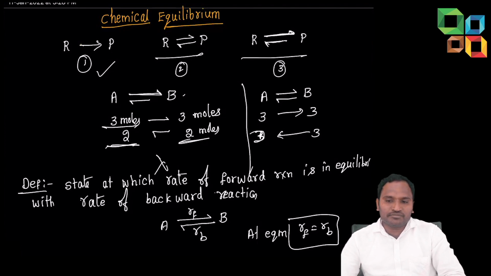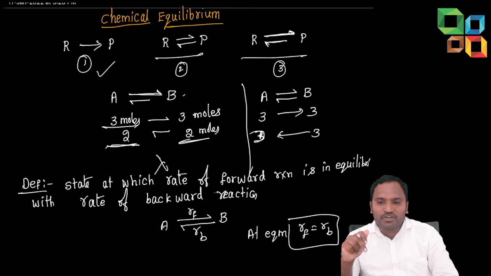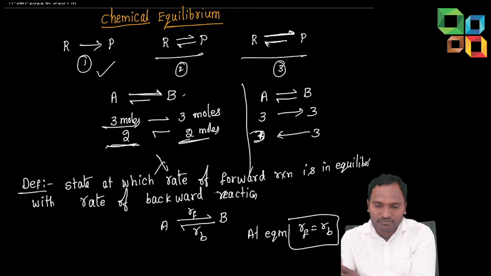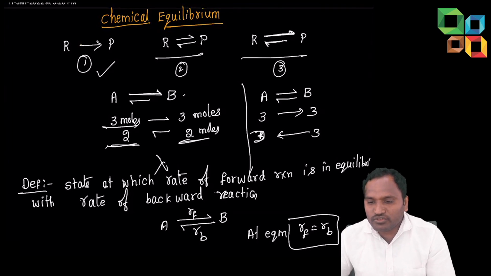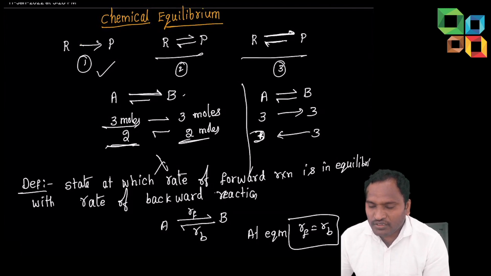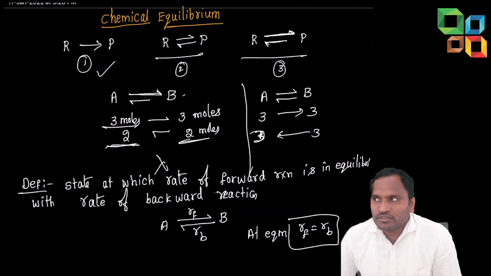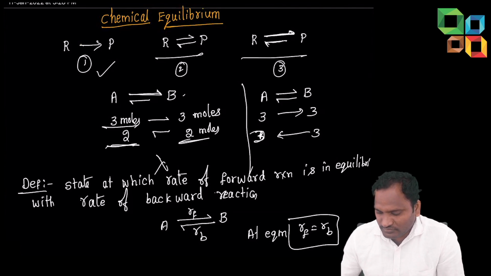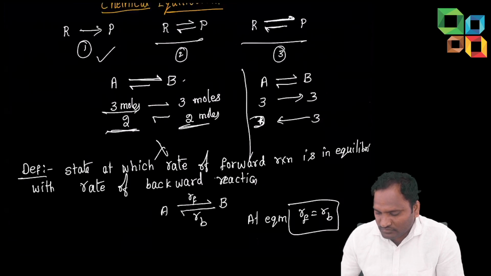What is rate? Number of moles of reactants converting into products per unit time, or concentration of reactants per unit time converting into products. Otherwise, simply you can define it as change in concentration with respect to time.